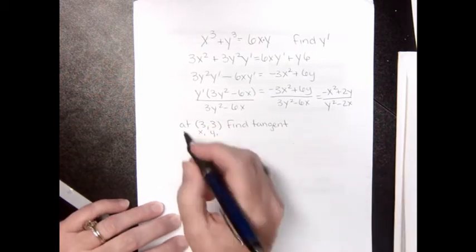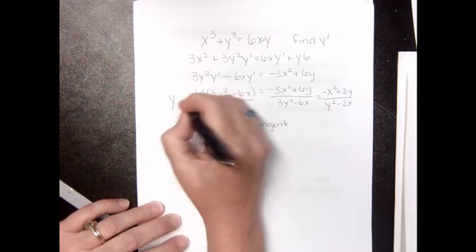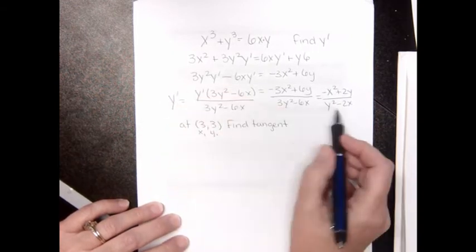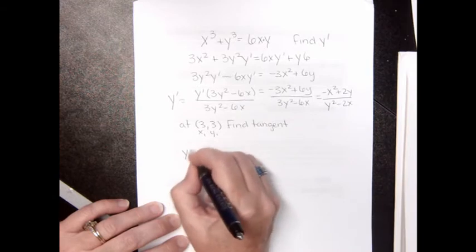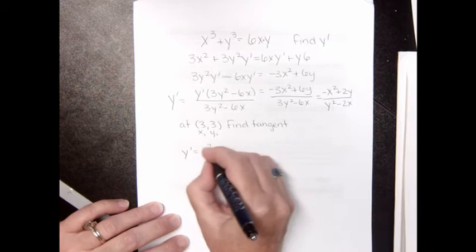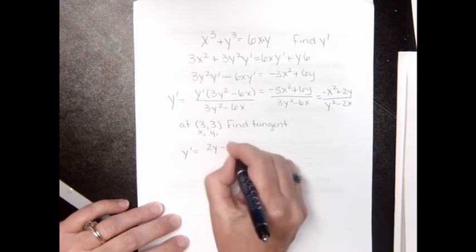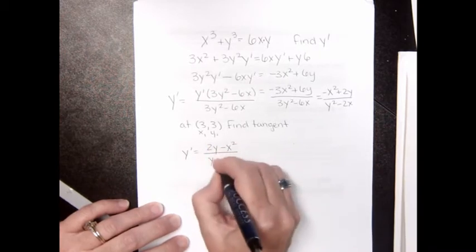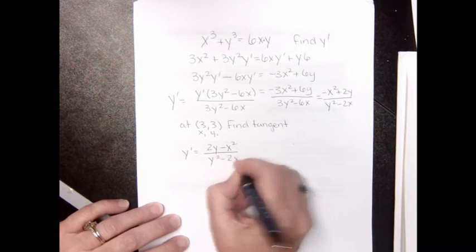So when I come in and I substitute these in, I have my y prime equaling, I'm going to reverse this, so it says 2y minus x squared over y squared minus 2x.